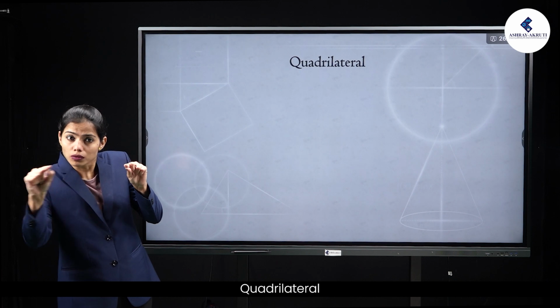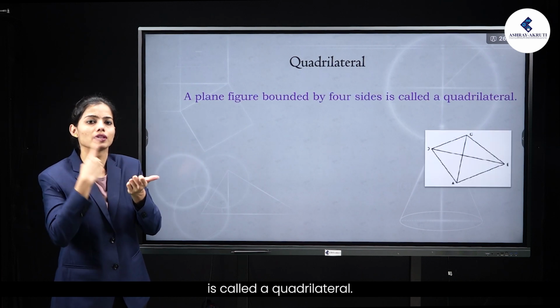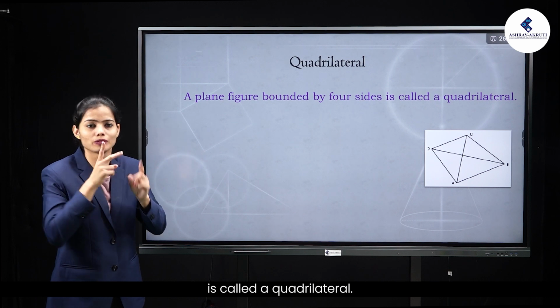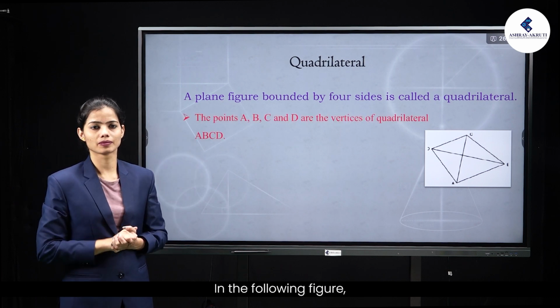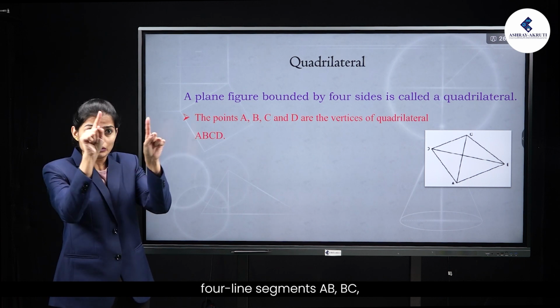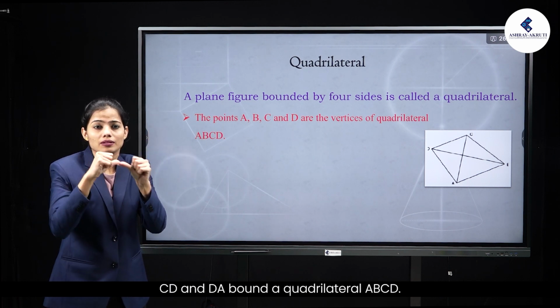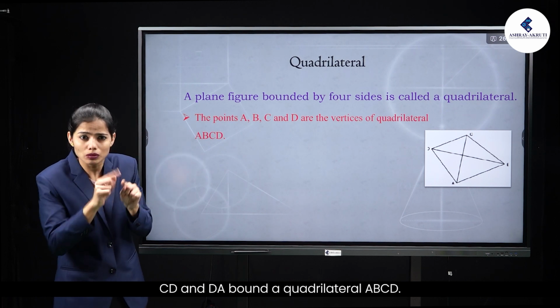Quadrilateral. A plane figure bounded by four sides is called a quadrilateral. In the following figure, four line segments AB, BC, CD and DA bound a quadrilateral ABCD.